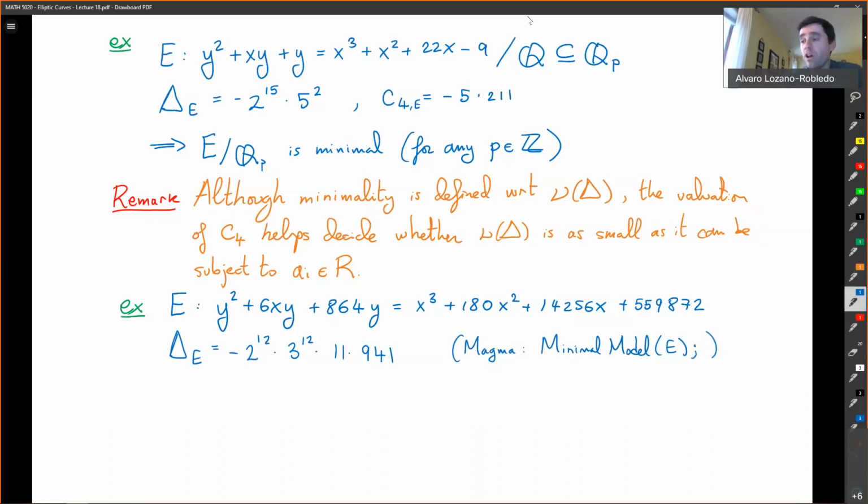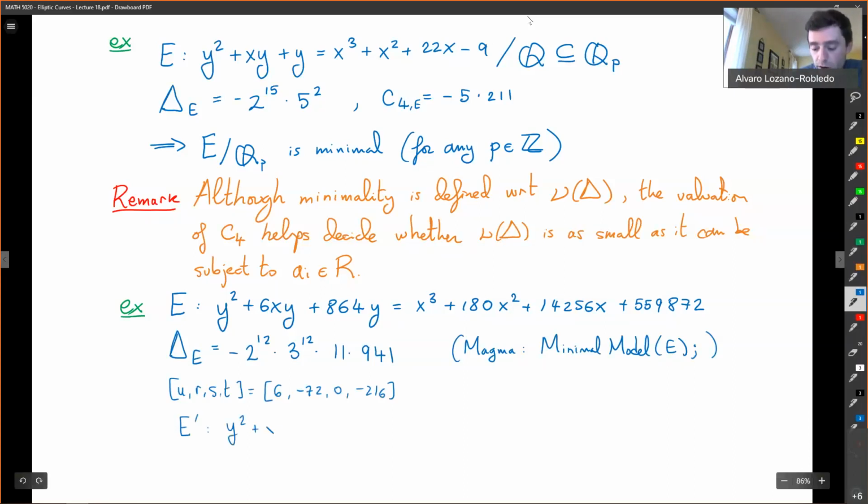But in any case, it turns out that a change of variables with u, r, s, t, if you pick those to be 6, minus 72, 0, minus 216, brings you to an equation E' of the form y squared plus xy plus 4y equals x cubed minus x squared plus 2x plus 1, or minus 1. I'm not going to write the primes, but this is a new model for it.